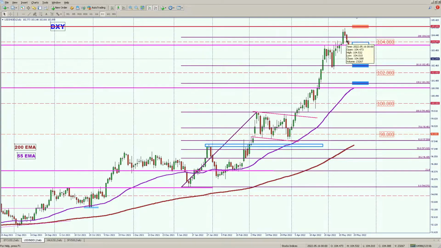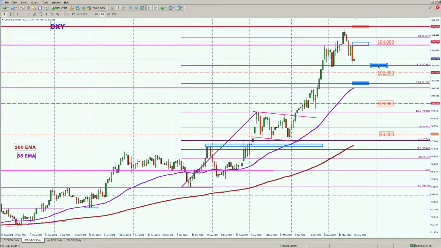It broke down on Tuesday below the 104 and pulled back on Wednesday before a further continuation move on Thursday. These were due to lower than expected retail sales and Philly Fed manufacturing index figures. Finally, it just consolidated and paused on Friday.